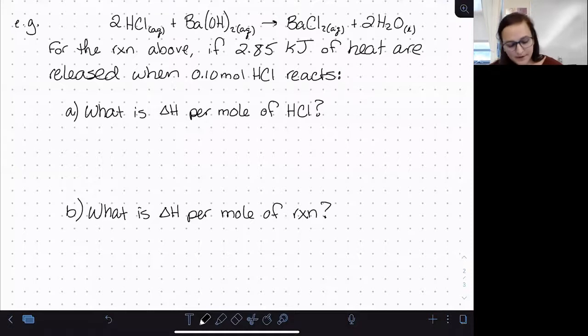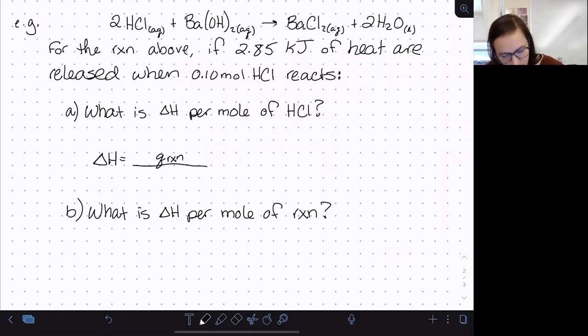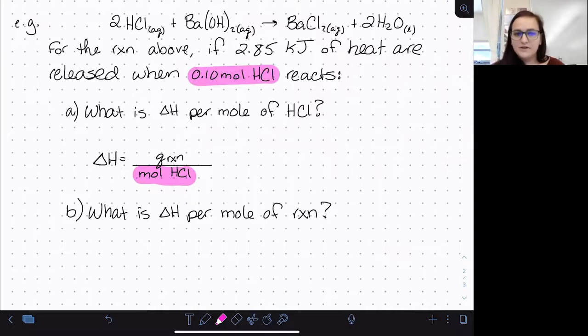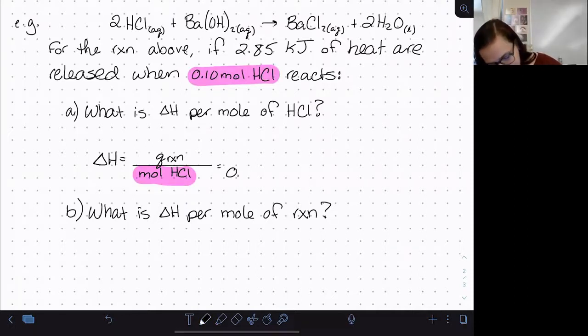So for the first part, we really have just about everything we need here. Delta H is going to be the amount of heat, which we've been using Q to represent, and we're asked to express this per mole of HCl. So we are given moles of HCl directly, so we can plug that right in.